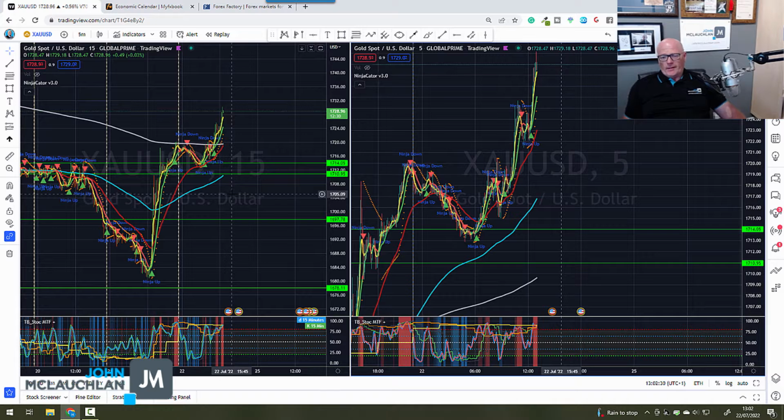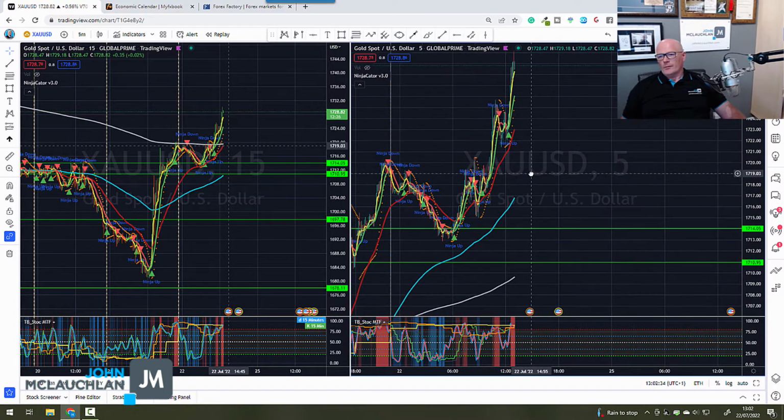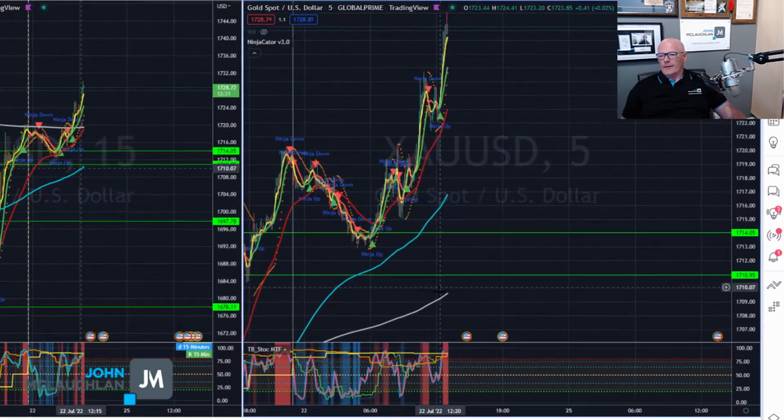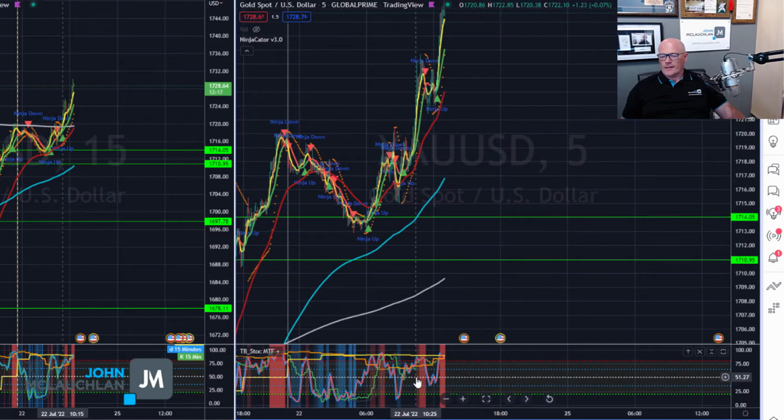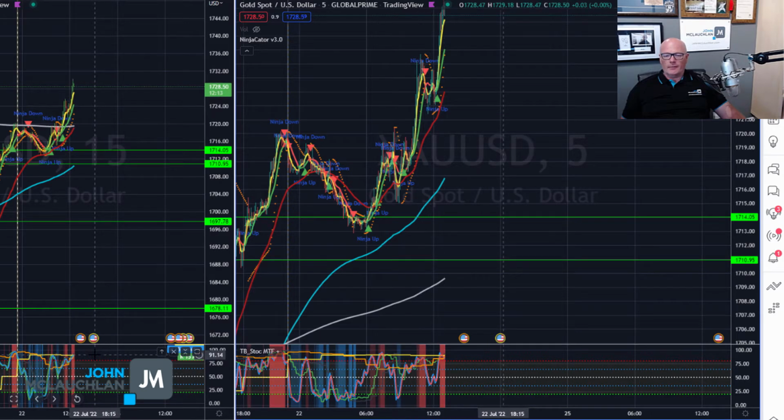So the first thing that strikes me, certainly on the 5-minute, because we're going to be taking our trade decisions on the 5-minute chart, is we've got the moving averages below the price. We've also got both stochastics in the extreme of the overbought. So the possibility is that price wants to come down for a sell.